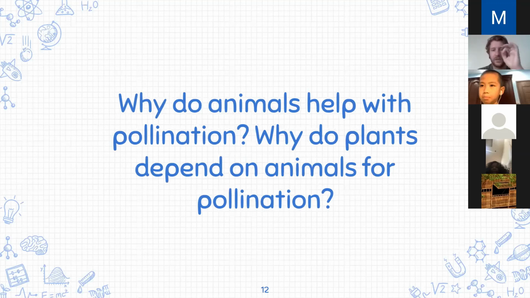Especially when it comes to, say, even fruits or anything along those lines. Plants will say, do you know what? If you're going to move my pollen for me, I need to make sure that you're getting something in return. Imagine it's you, okay? You walk into a shop, and the person in the shop says, can you do this for me?